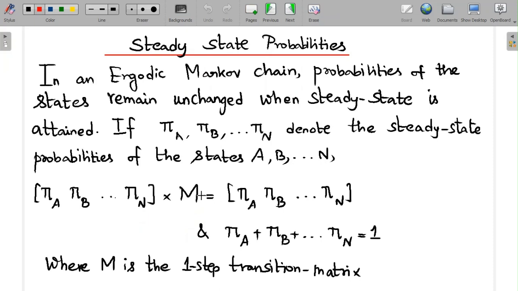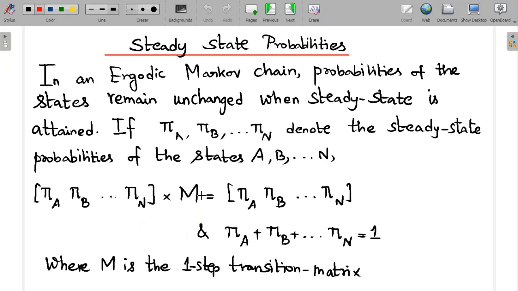The next topic which I'd like to discuss is the probability of a steady state in a Markov chain. Now, in a Markov chain, a steady state refers to the situation where the probabilities of the states remain unchanged. And this is observed whenever a Markov chain is ergodic.